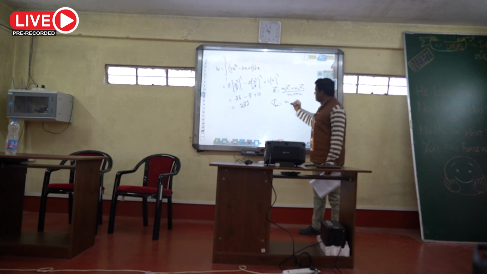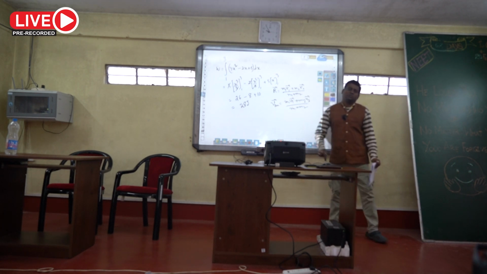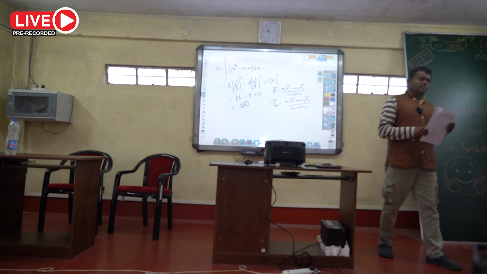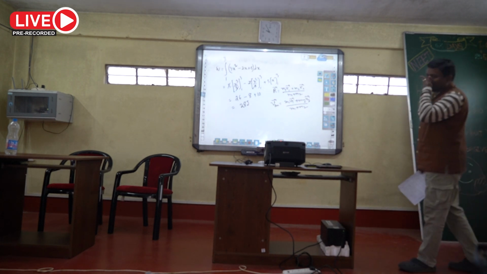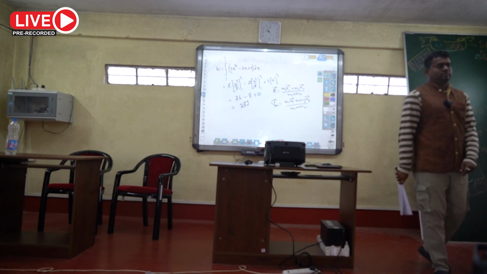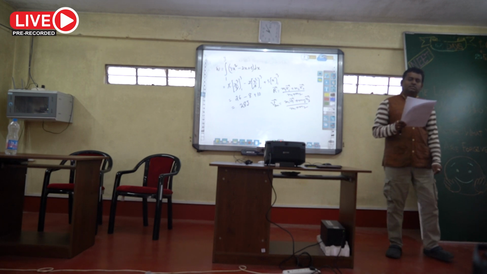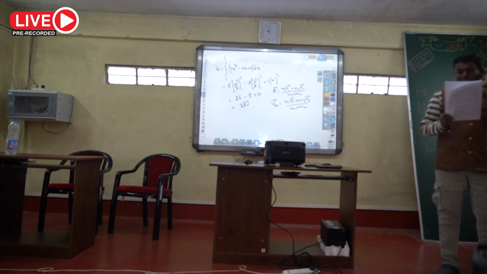Then it will be m1 v1 plus m2 v2 by m1 plus m2. Simply put the values and calculate. v1 is given, v2 is given, m1, m2 given. Calculate only in the vector form, and you can see that the answer that will come, it's not matching.